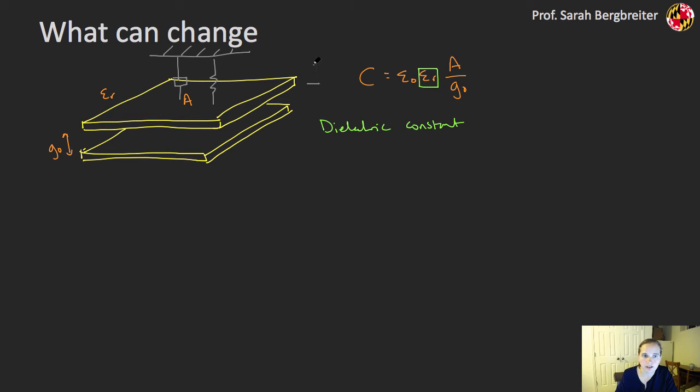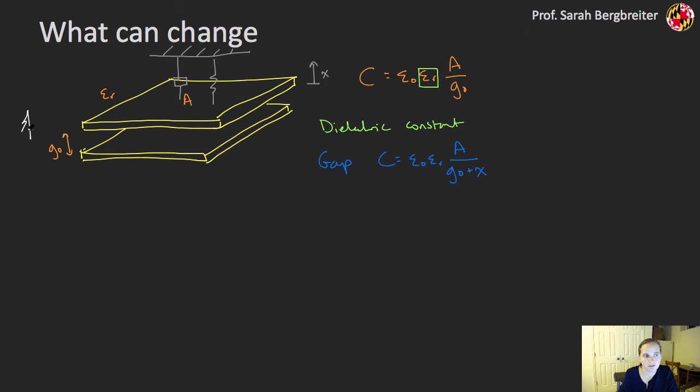So if I define the position of this top plate as x, then I'm changing my gap. And my new capacitance is going to be epsilon naught, epsilon r, A over that nominal gap plus whatever displacement this top plate has undergone.